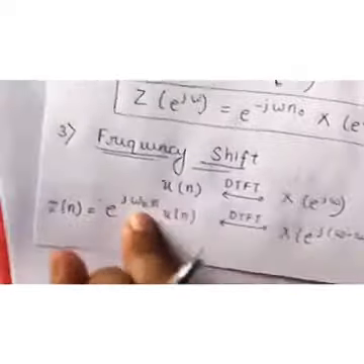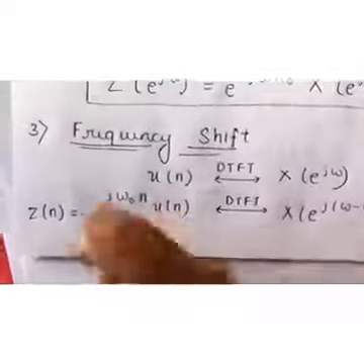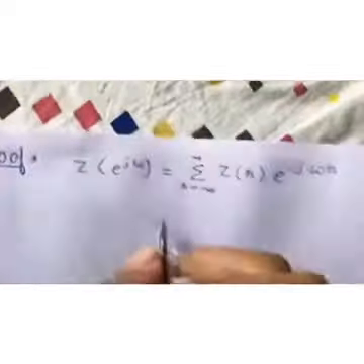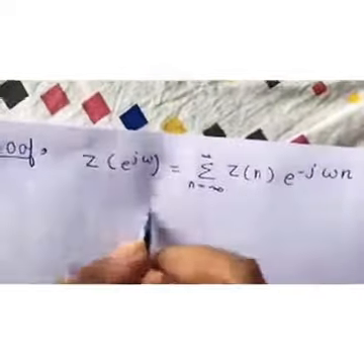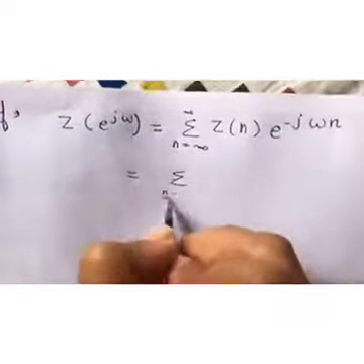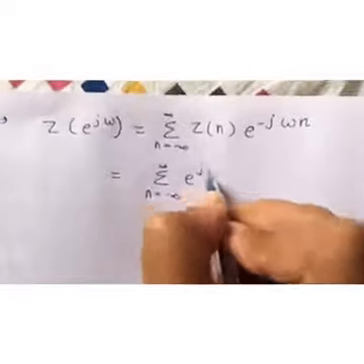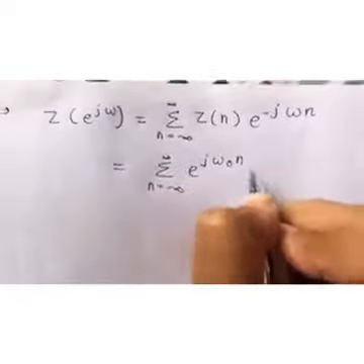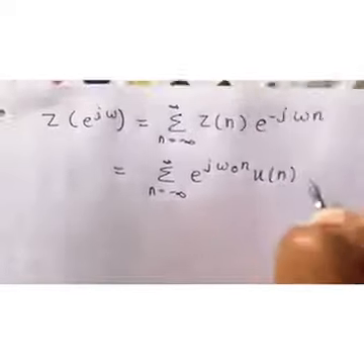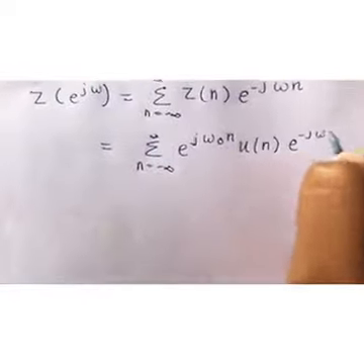So by replacing z of n with e raised to power j omega naught n x of n, we get the summation from minus infinity to infinity of e to the power j omega naught n x of n e to the power minus j omega n.